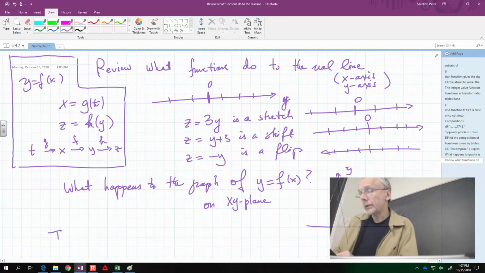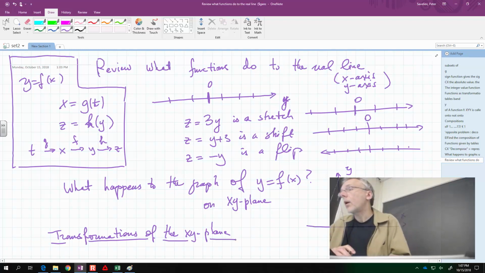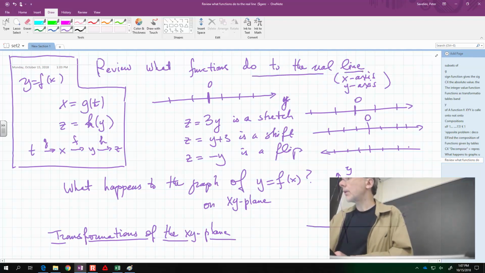So our interest is, once again, transformations of the xy plane. And by that I mean I want you to see the contrast with what just came up, and that is the transformation of the real line.